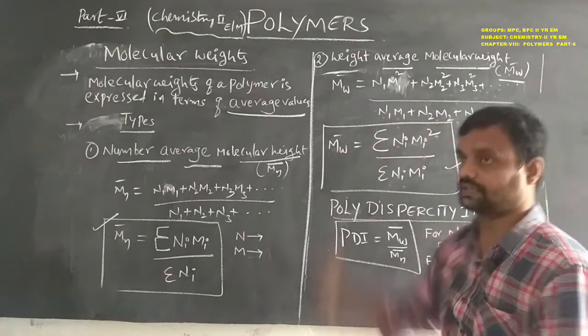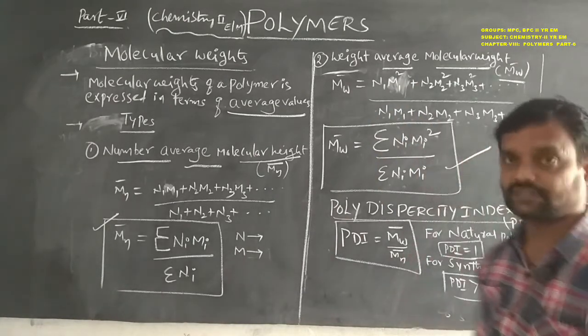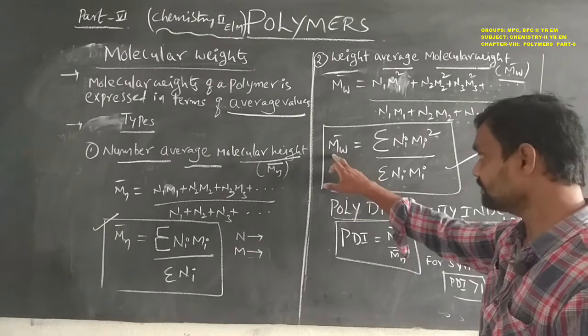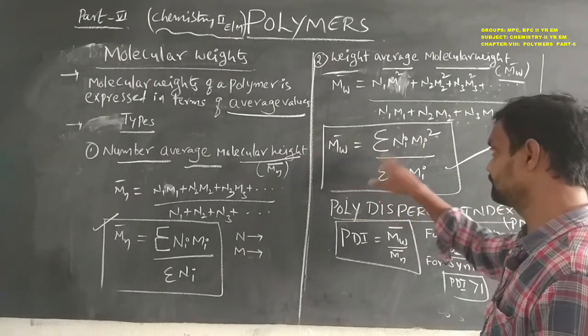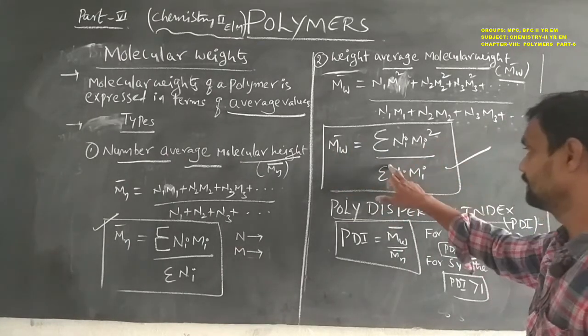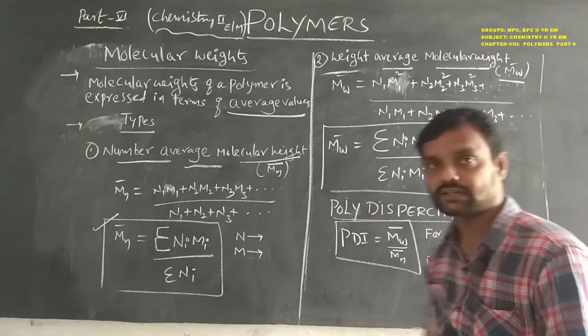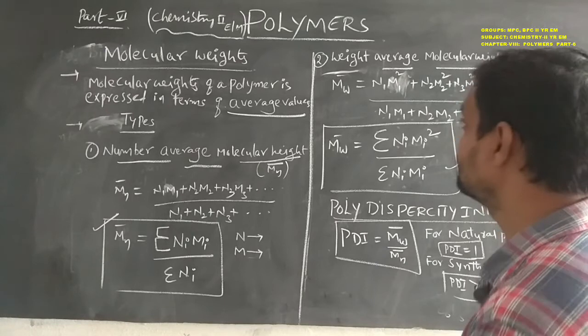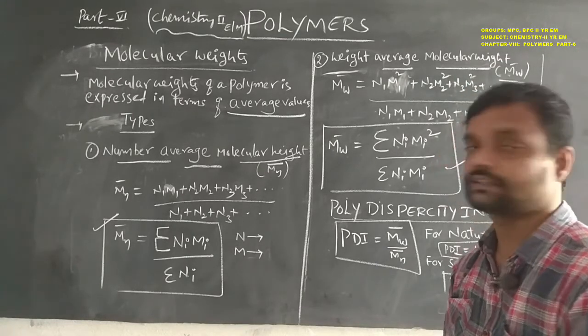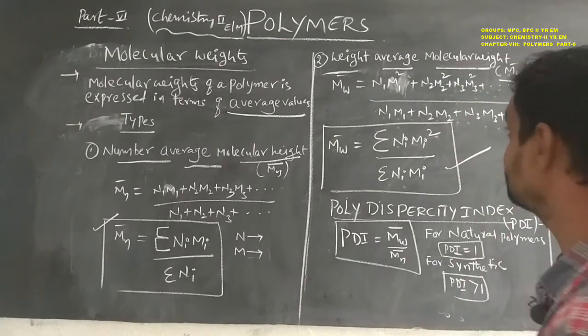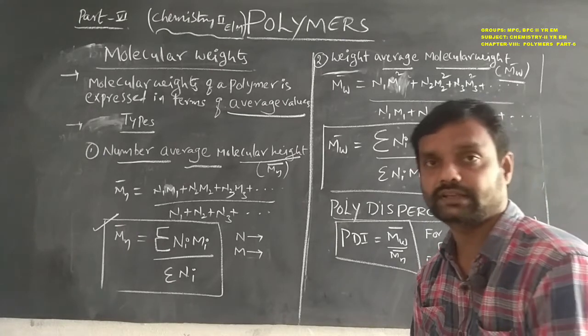So this is the formula. Simplified, we write Mw bar is equal to summation Ni Mi squared divided by summation Ni Mi. This formula is used for measuring the molecular weight of a polymer by the weight average molecular weight method, that is Mw bar.